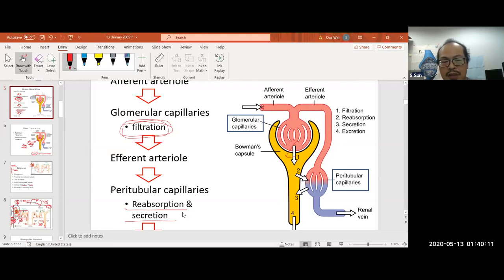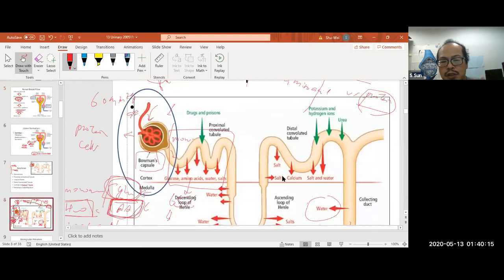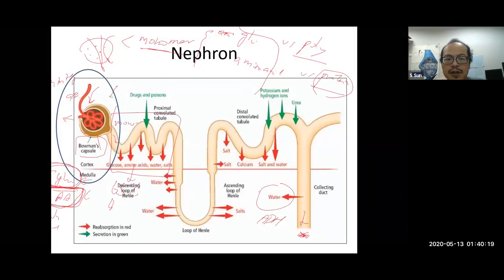And then we also went through the tubular structure, from the proximal convoluted tubule to the loop of Henle, and then distal, then collecting tubule, collecting duct.